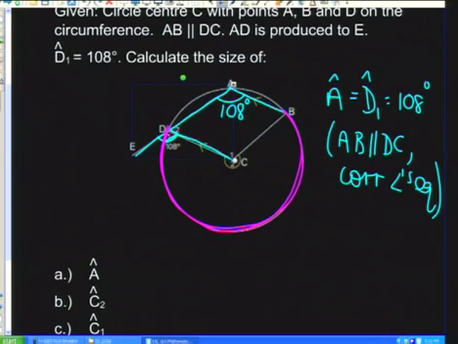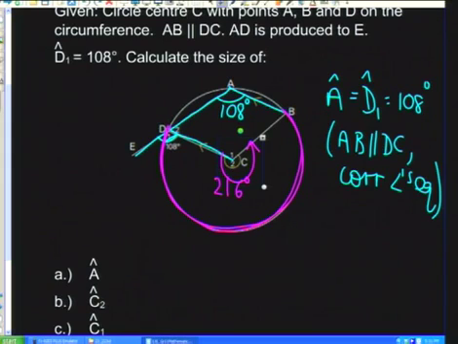And that would be this big angle over here, which is this angle C2. So the pink angle would actually be double what that angle is. So that would be 206, carry 1, so it's 216.